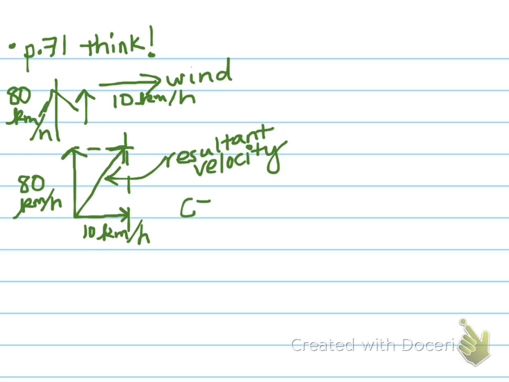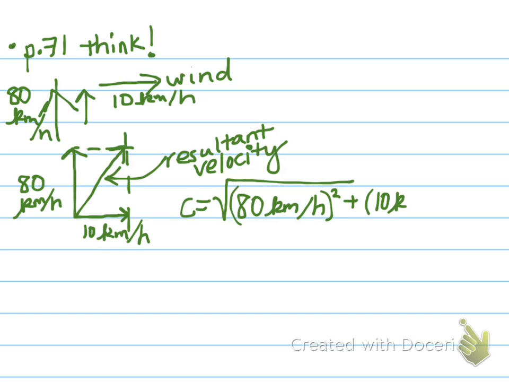And to figure out that number, remember I'm going to do the square root of 80 kilometers per hour squared plus 10 kilometers per hour squared, and then take the square root of that value. When you do that, you should get about 80.62 kilometers per hour.